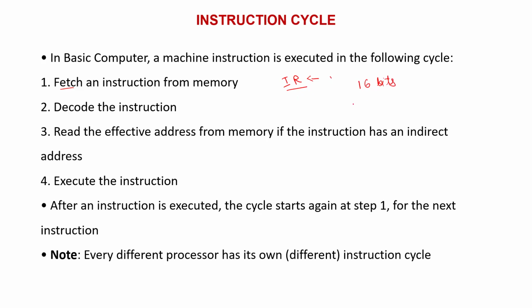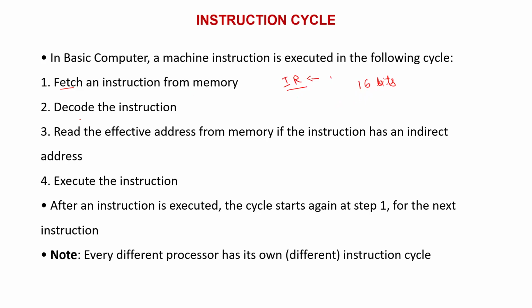From these 16 bits, we have seen that bits 0 to 11 are the address bits, 12 to 14 are the opcode, and bit 15 is the I bit, which denotes whether it is direct or indirect addressing mode.